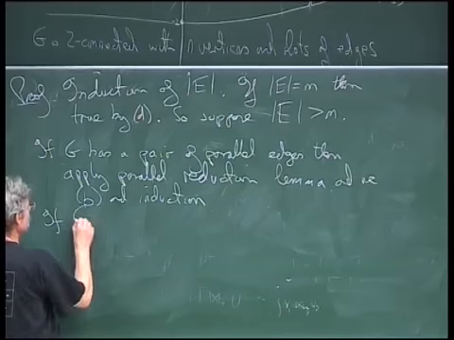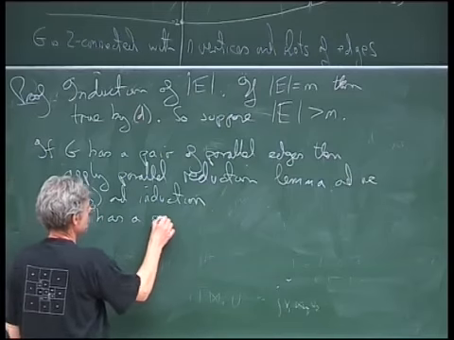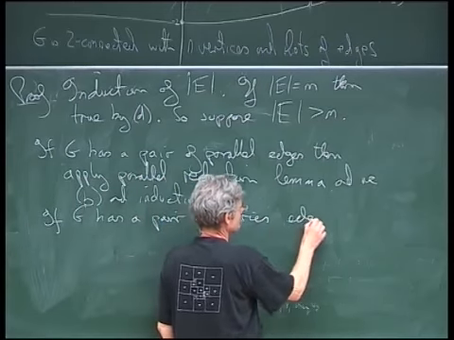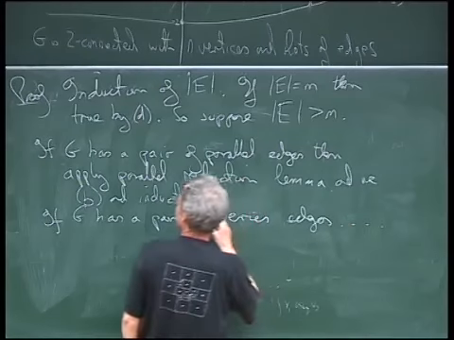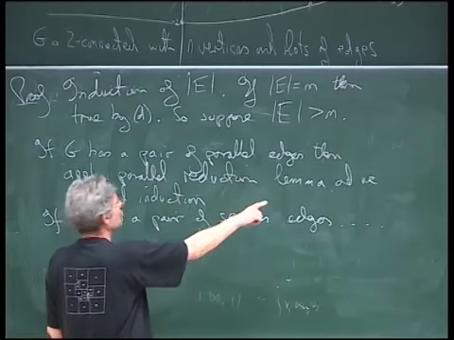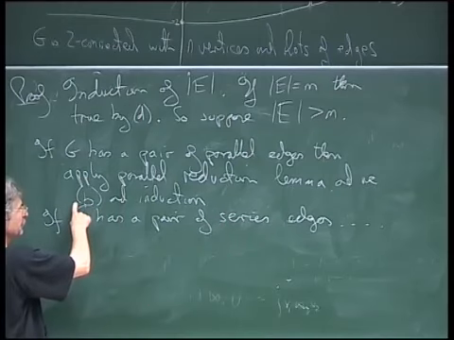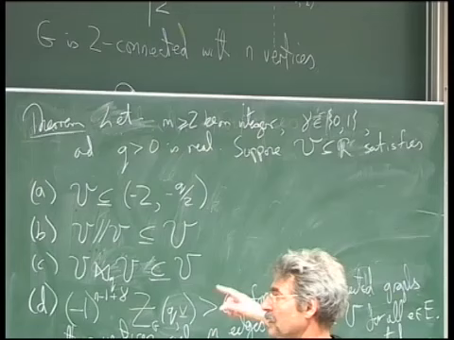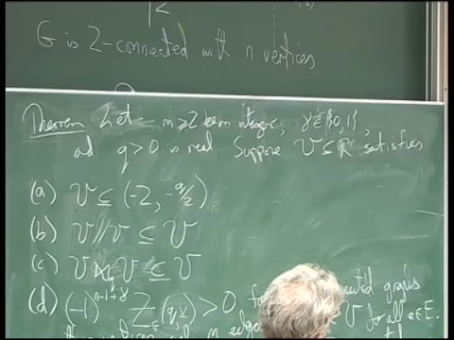So if G has a pair of series edges, then we apply the series reduction lemma, and we use A. We need A now because of the prefactor in the series reduction lemma.